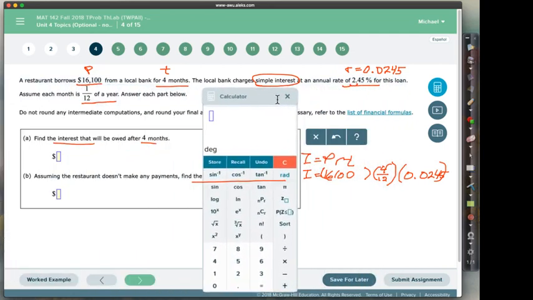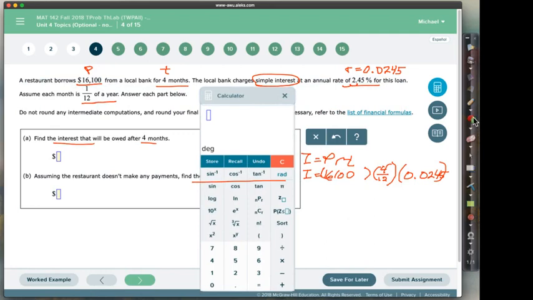Let's see, too many lines here. So let me maybe erase something. We can leave it.